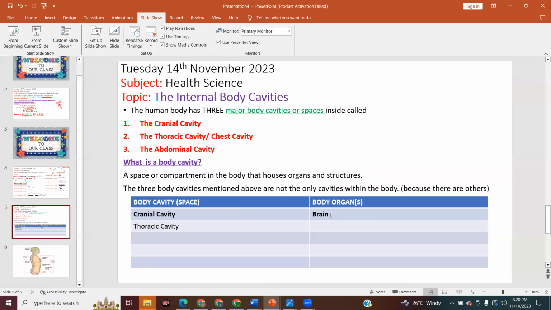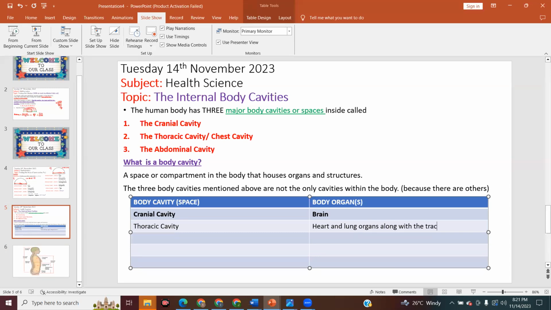All right. So inside the thoracic cavity, you have the heart, you have the lungs, so heart and lung organs. And these are not organs, but these are structures along with the trachea and esophageal tubes.